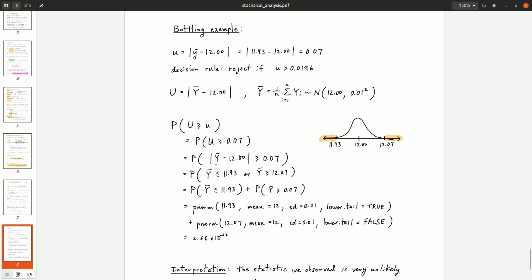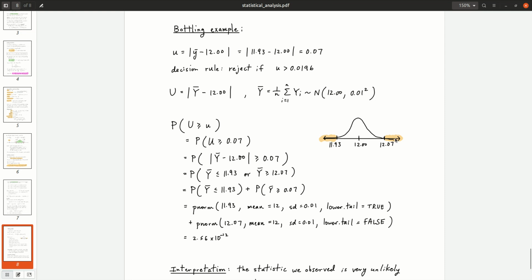So if you think about this, the probability that this thing minus 12, in absolute value, is bigger than 0.07 means that the capital Y bar is less than 11.93 or it's bigger than 12.07. If you're out here, the difference between this and 12 is bigger than 0.07.